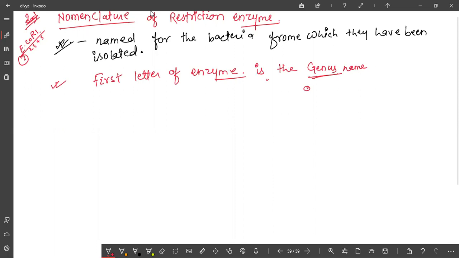Genus and species, you know. So the first letter is taken from the genus.